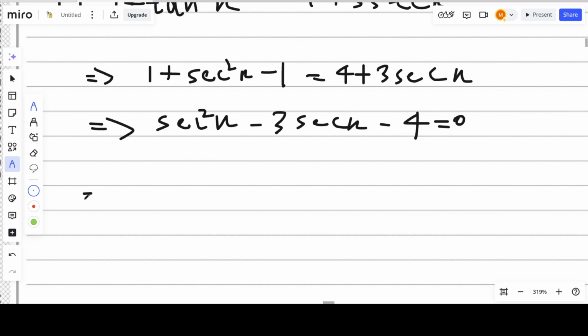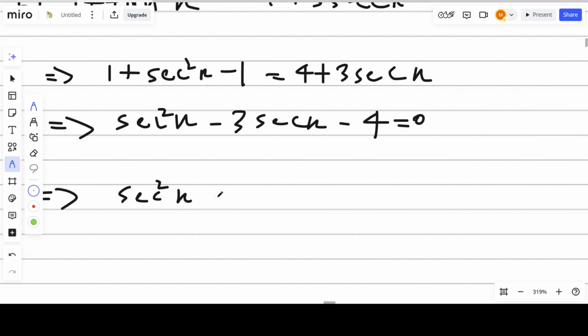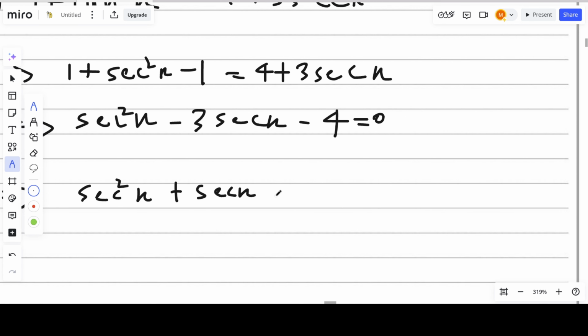Now we got an equation in terms of only sec x. So what we can do, we can do middle term factorization, because sec square x minus 3 sec x minus 4 equals 0, so sec square x plus sec x minus 4 sec x minus 4 equals 0.